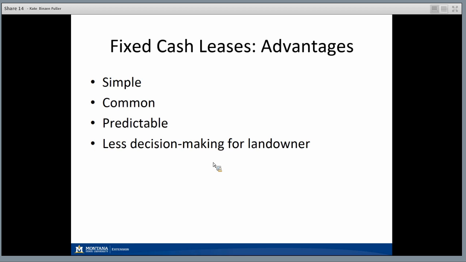So as an economist, I always like to think about trade-offs or costs and benefits. So I'll go through some of the costs and benefits of each of these types of leases. For fixed cash leases, the advantages or the benefits of this type of lease is that they are very simple. They stay the same from year to year for the duration of the lease.